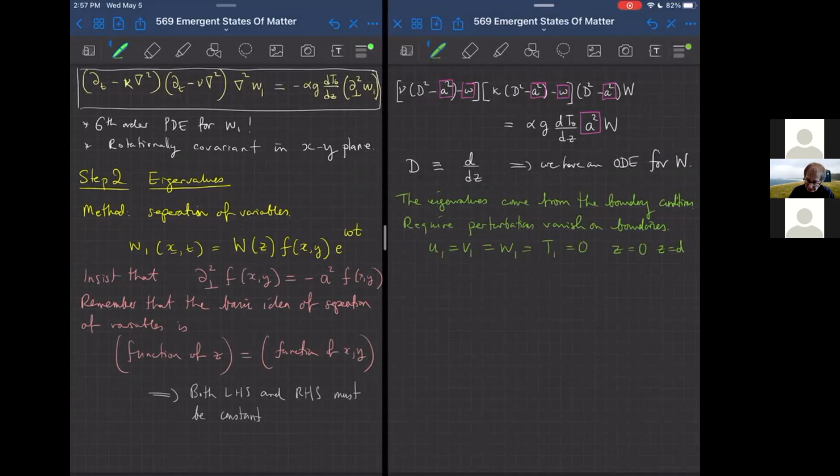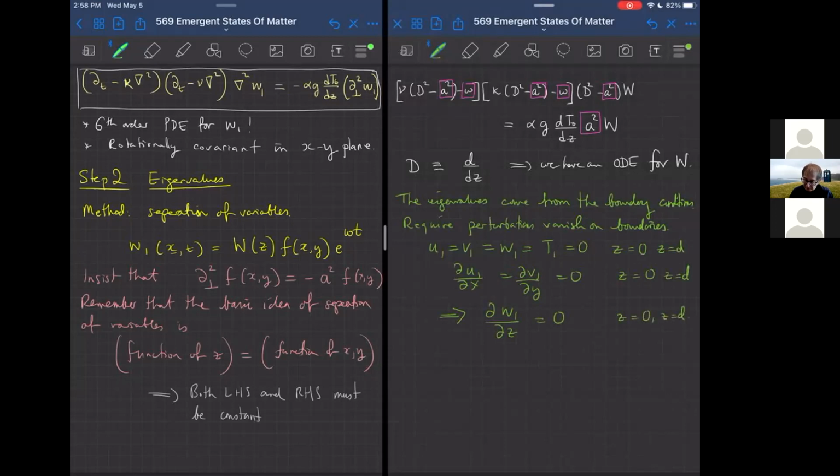We also need that dU1/dx and dV1/dy vanish at z equals 0 and z equals d. That's going to be true, and that means that dW1/dz is equal to 0 at z equals 0 and z equals d.